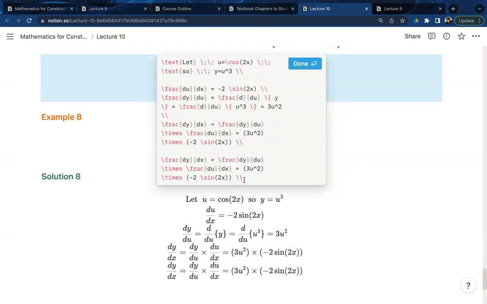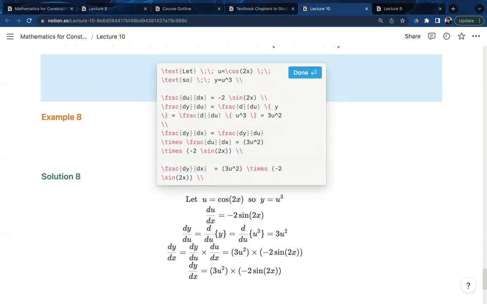Let's simplify this. So what is u squared? Well, we have a substitute for u. U is cosine 2x. So this u squared is really cosine 2x all squared.